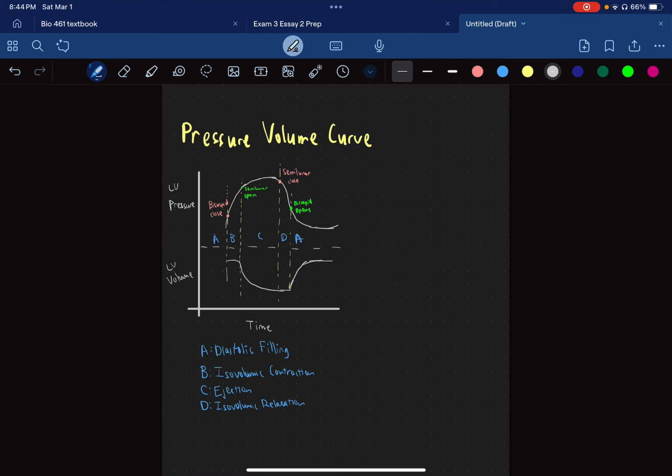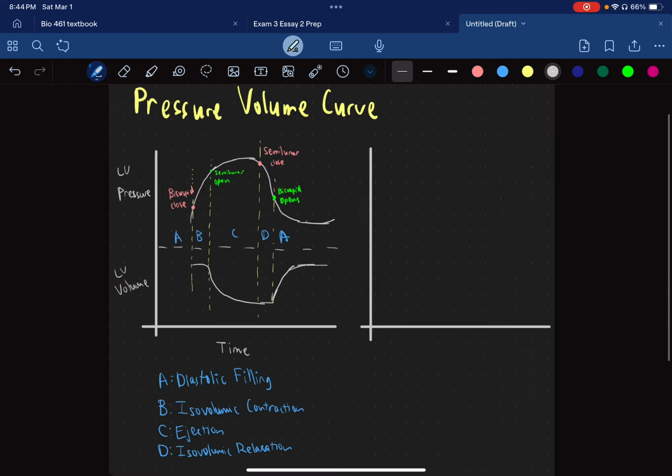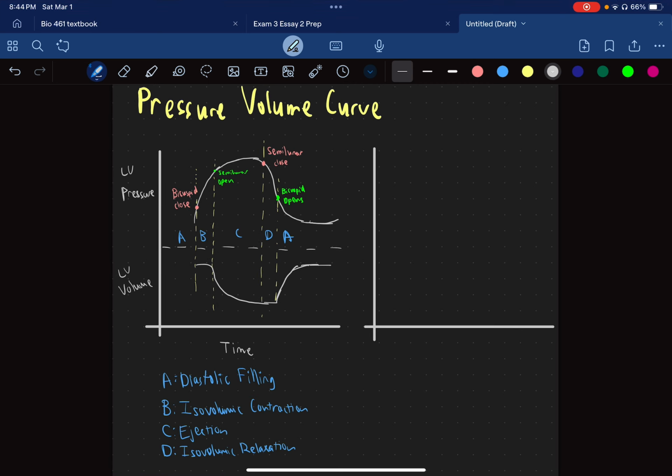So if we draw another two axes here, over here we're going to have pressure, and over here we're going to have volume. Pressure and volume in the left ventricle.